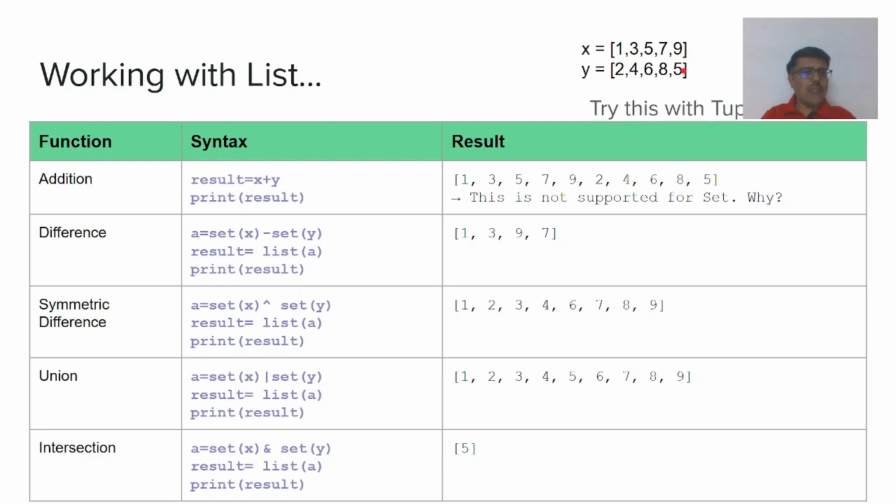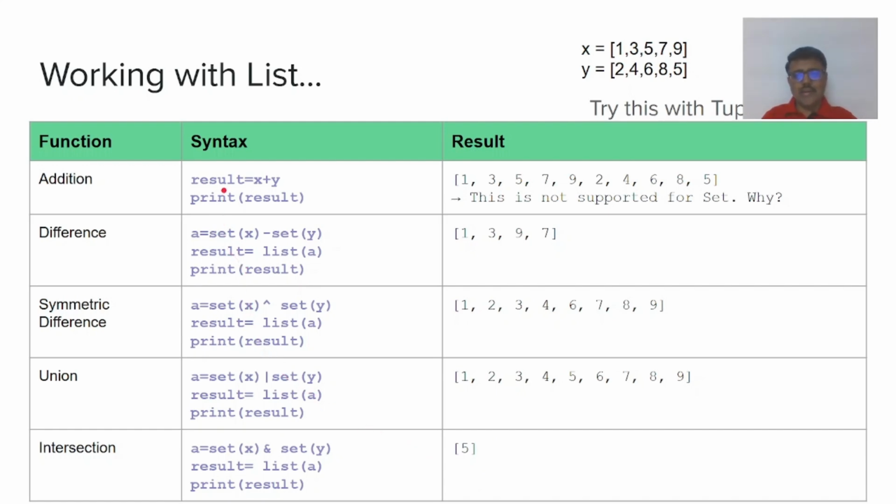And whatever is available beyond the common items, you are taking it. That is nothing but symmetric difference. Is that clear? So 5 is commonly available, and other than that, all the values you'll find here in the result.